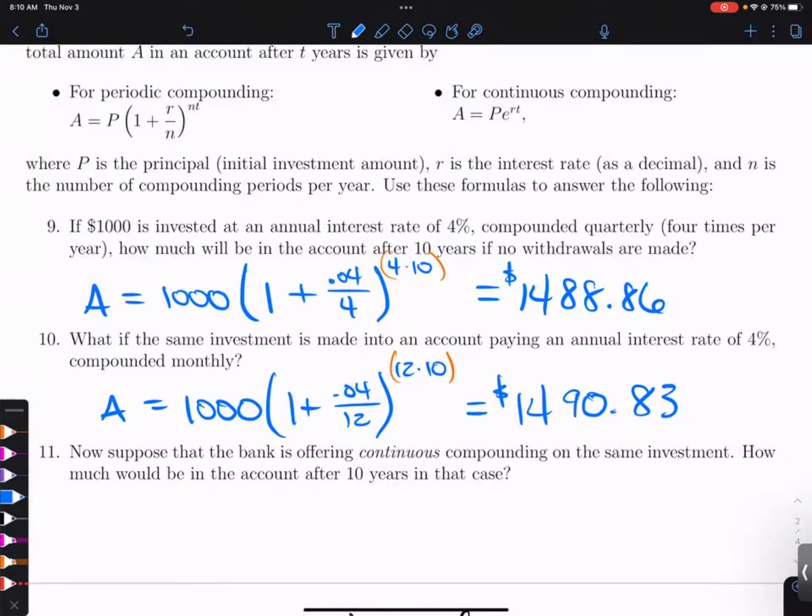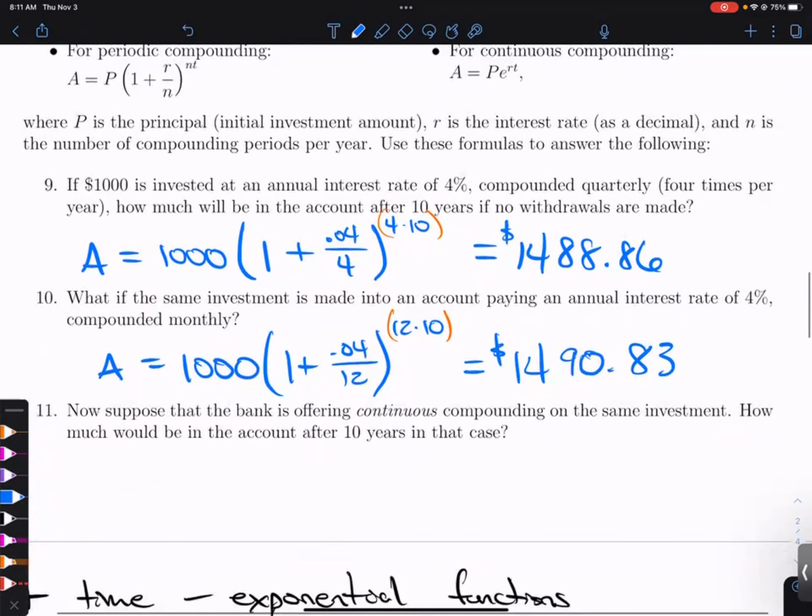This r over n thing is that you're taking that 4% and breaking it up and doing it 4 different times, or here 12 different times. But every time you do that interest calculation, the percentage is a little bit more than the time before, because you figured the interest and added it on. So the more often you do that, the quicker things accumulate. Again, it doesn't make a huge difference, right? A little less than $2 here, but it is a little bit more.